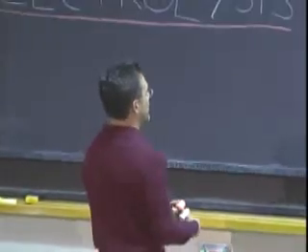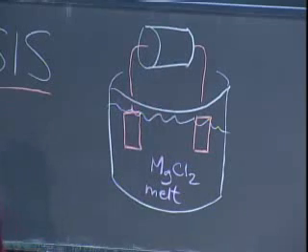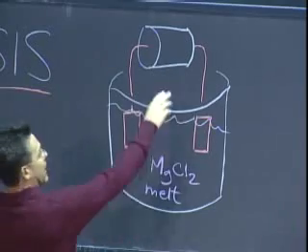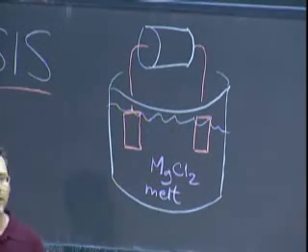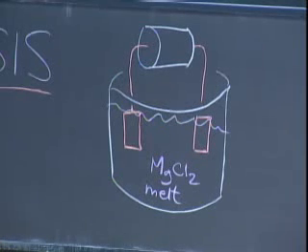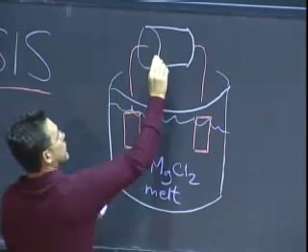So the idea is that this is some source of a potential difference, and you can take a positive electrode and a negative electrode and immerse it into the melt, and if the potential is sufficiently great, you can force a non-spontaneous reaction to run, because overall the reaction will be spontaneous when you factor in the potential difference of the external source.